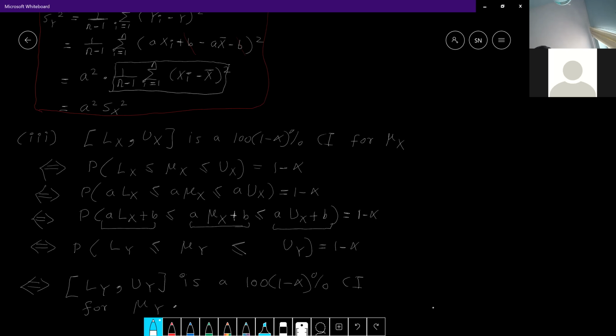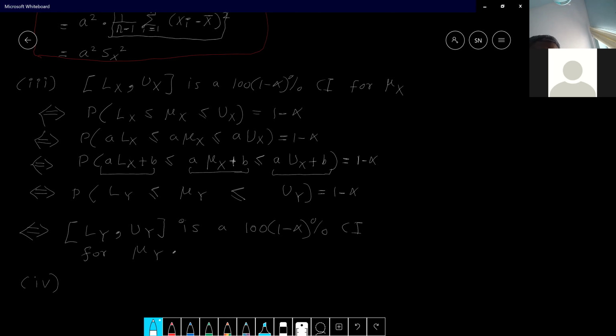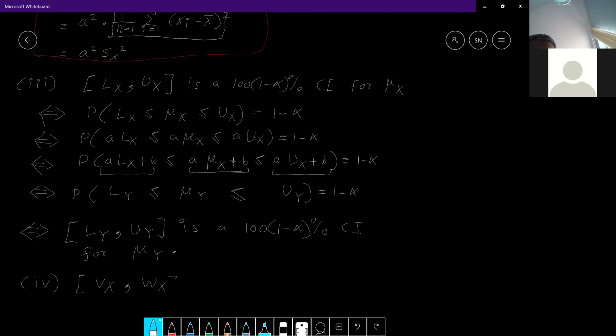Now part 4. Part 4 is the final part of question 7. You are given a confidence interval for sigma x squared. So what you're told is that the interval from Vx to Wx is a 100 times 1 minus alpha percent confidence interval for sigma x squared.